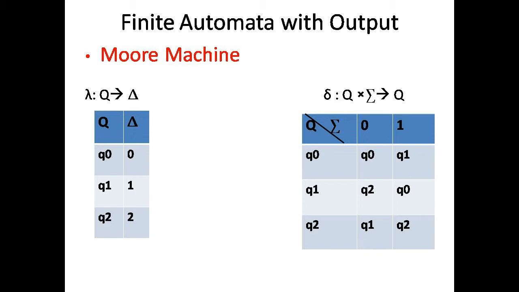In the Q2 state, the remainder is 2. In binary, 2 can be written as 10 and the next input is 0, so the number becomes 100, which is the number 4. If we divide 4 by 3, it will produce the remainder 1 and the machine is in the Q1 state.